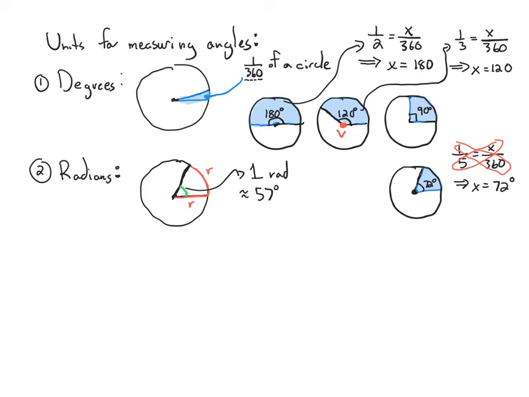But if I want to talk about the measure of it, I use this notation. I use an M. So the measure of angle V is 120 degrees. So that's how I write the measure of an angle. I put M and then the angle in brackets. Think of it like a function.